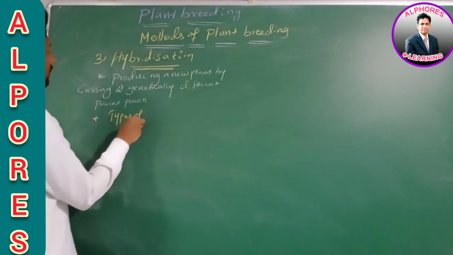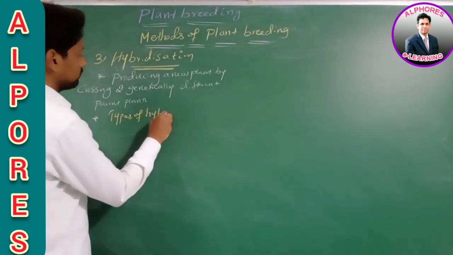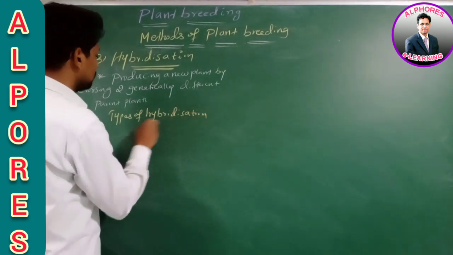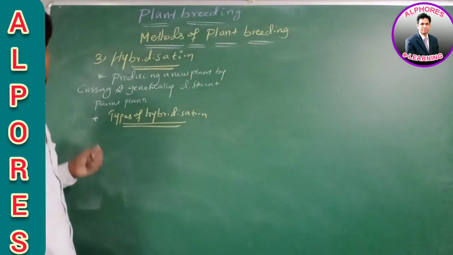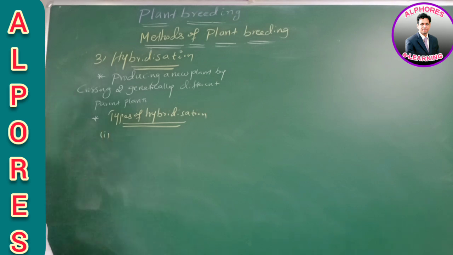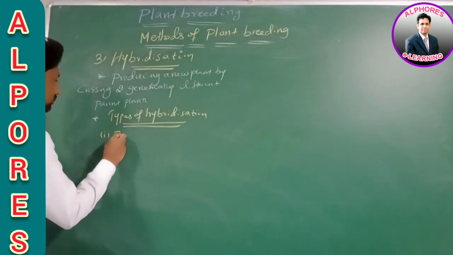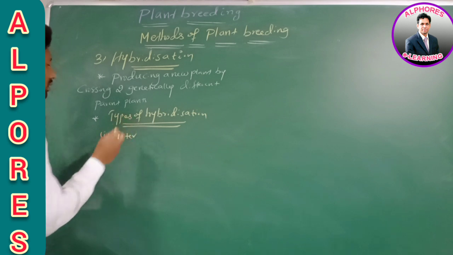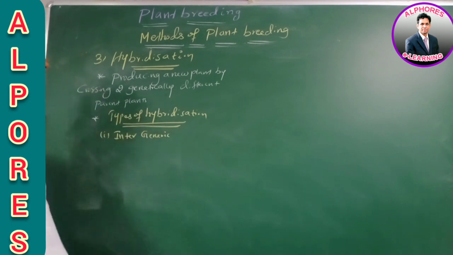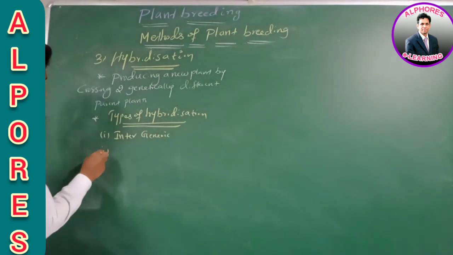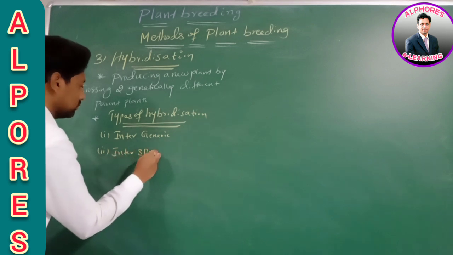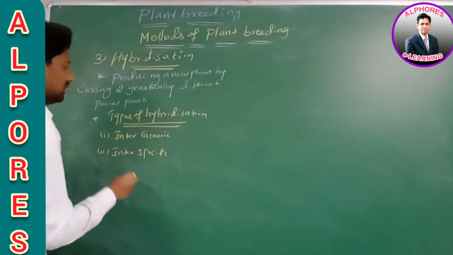Types of hybridization. Number 1, intergeneric. Number 2, interspecific.